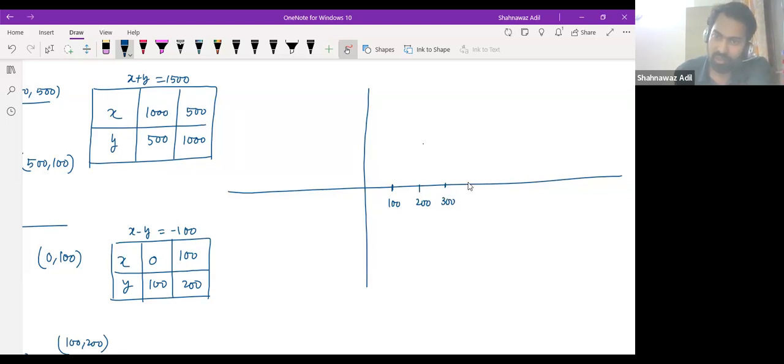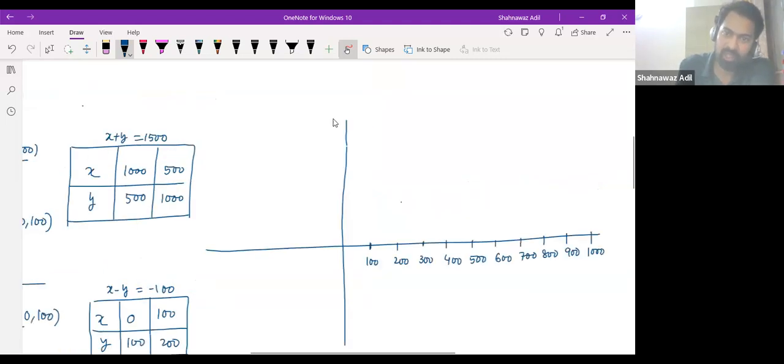So 300, 400, 500, 600, 700, 800, 900, 1000. There's no negative part, so we can skip that.